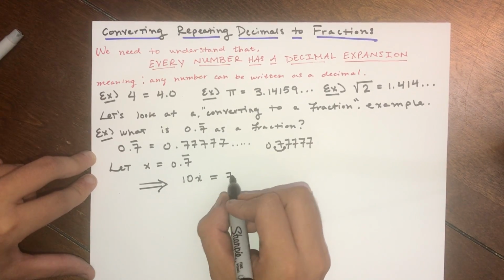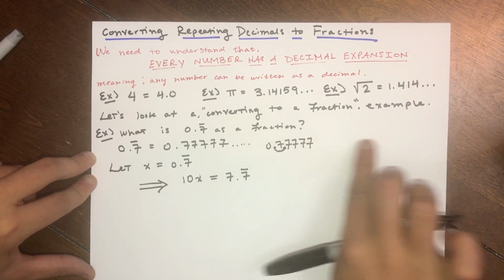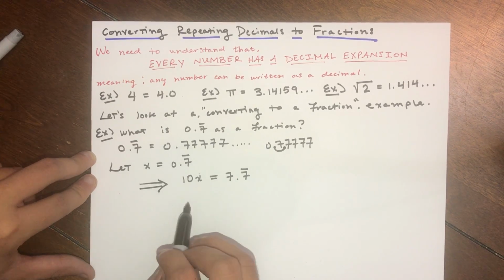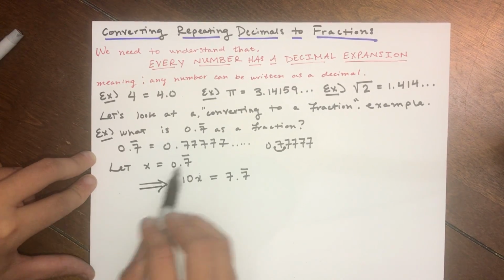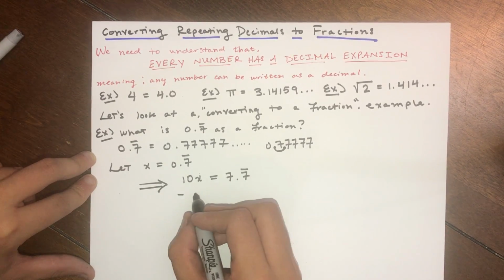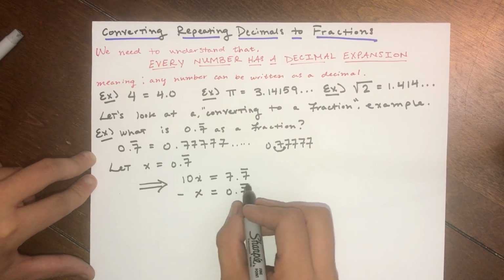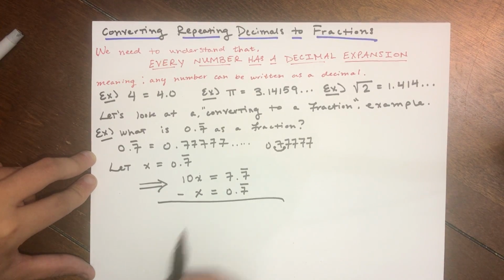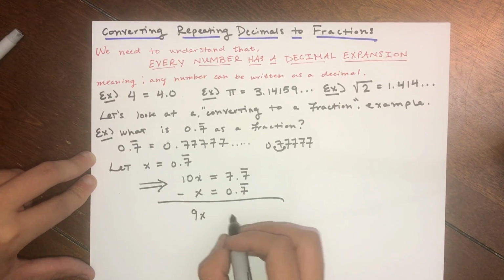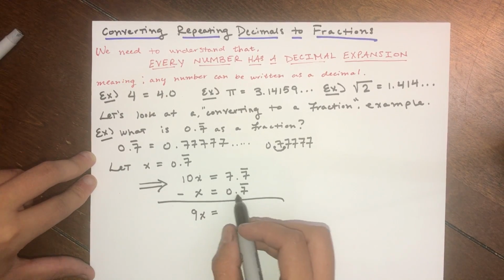So we get 7.7 repeating. Once we move it once to the right, all these 7s are still going to be there, so we still have the 7 repeating. The next step was to subtract this equation from this equation. So we do 10x, which is equal to 7.7 repeating, minus 1x, which is equal to 0.7 repeating. 10x minus 1x is 9x, which is equal to 7.7 repeating minus 0.7 repeating.